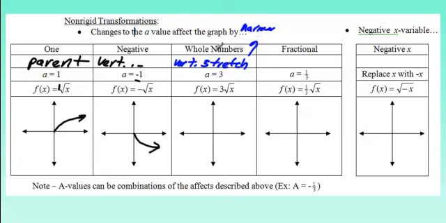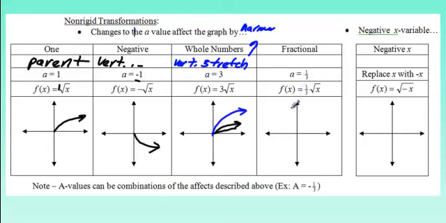So vertical stretch means we're going to be stretching it vertically. So if this were our parent function, then this one is going to be stretched vertically. It's going to be pulled up a bit more. It's just going to be higher up.